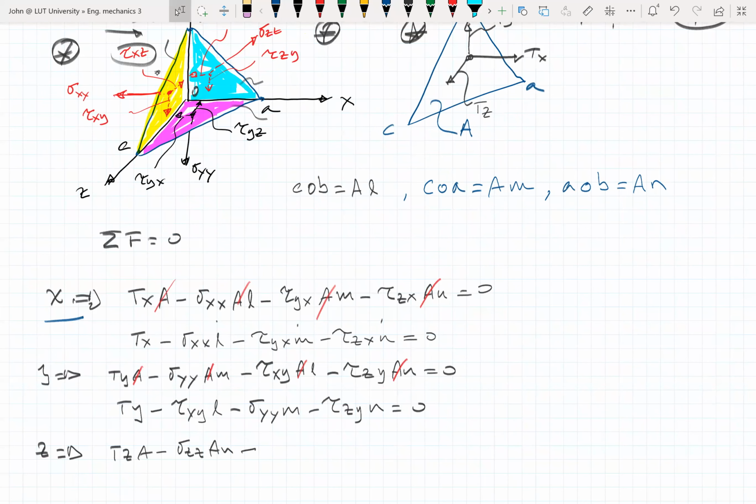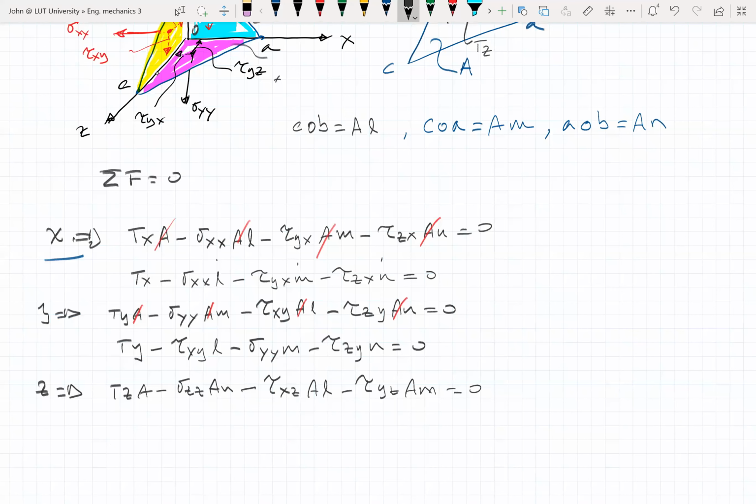Yeah, tau xz times a. This is applied on the ZOB area, and this can be a l minus, and the other one is, yeah, tau yz, that is applied on the other plane, equals 0.